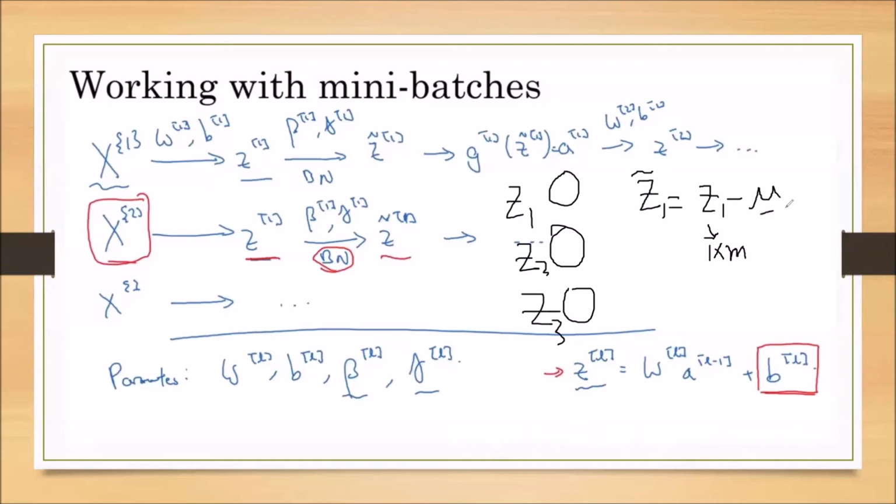Now, what is this mu? We are adding all M training samples' Z1s, and we are dividing by M. Finally, we are getting the mu. Okay. So Z1 minus mu means every value in the Z1 we are subtracting with the mu, and then we are dividing with the standard deviation sigma.